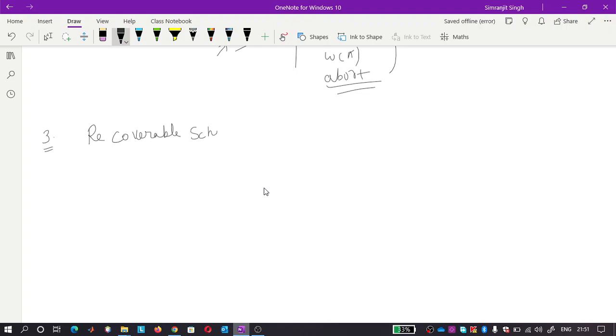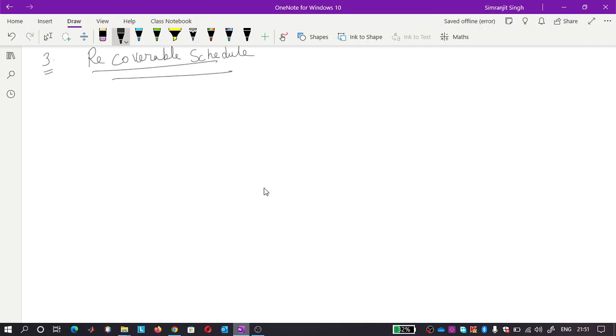It's again very close to the example that we have already given, that when you're reading from uncommitted data, if you remember, the dirty read problem. Okay, so a recoverable schedule is also based on commit or abort. Okay, so I'll present you an example. It's very easy. The example is again very similar.